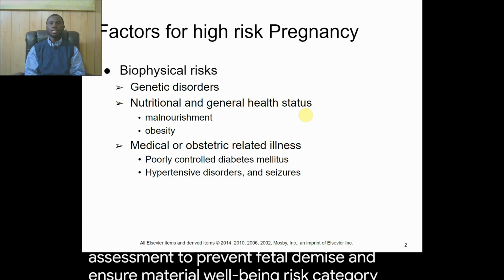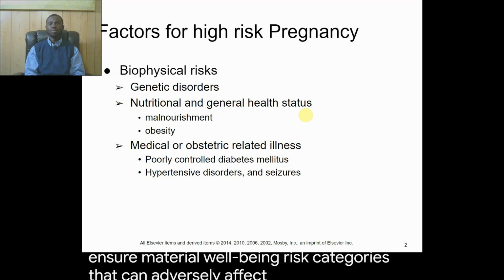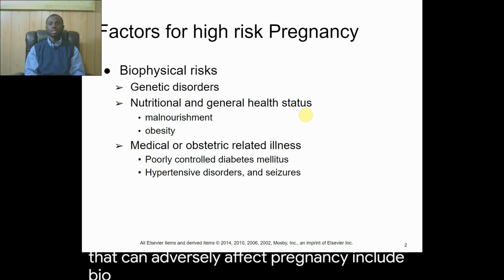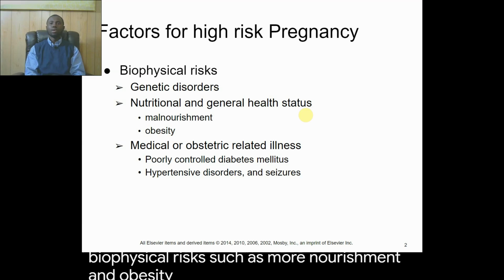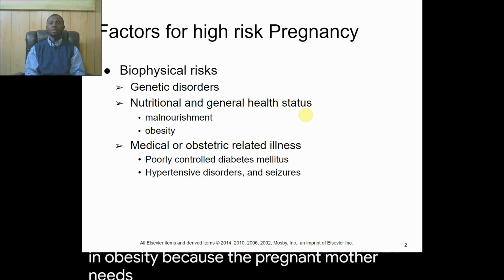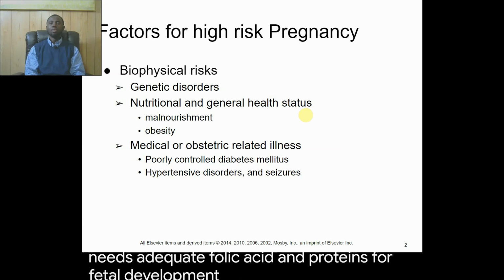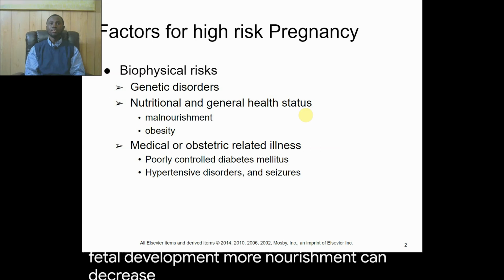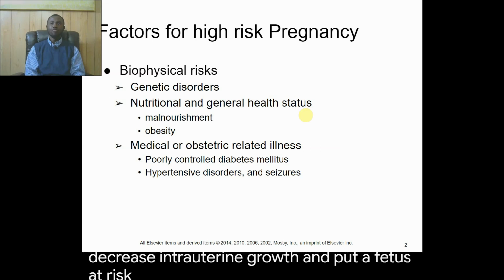Risk categories that can adversely affect pregnancy include biophysical risk, such as malnourishment and obesity. Because the pregnant mother needs adequate folic acid and proteins for fetal development, malnourishment can decrease intrauterine growth and put the fetus at risk for premature birth.